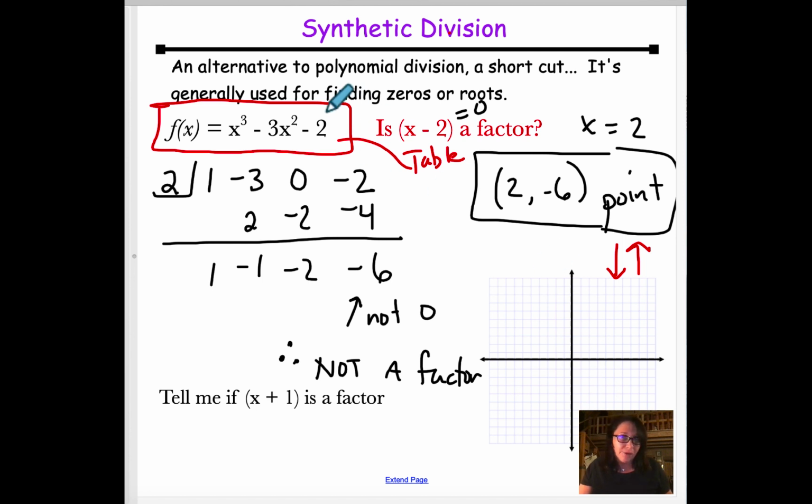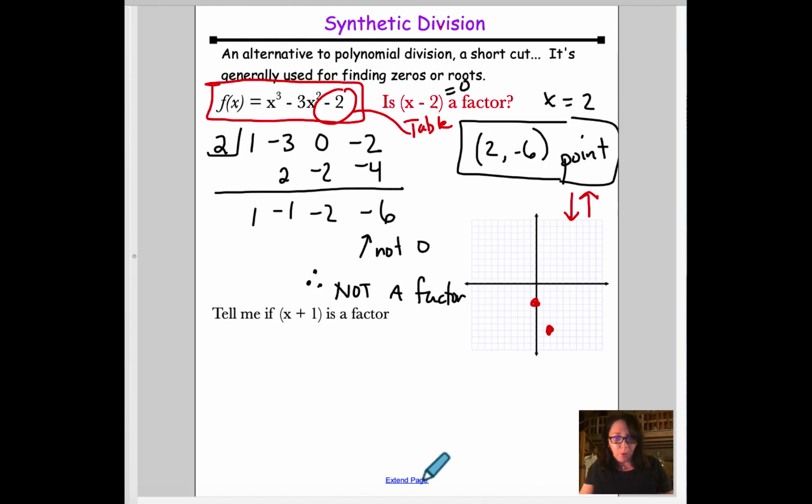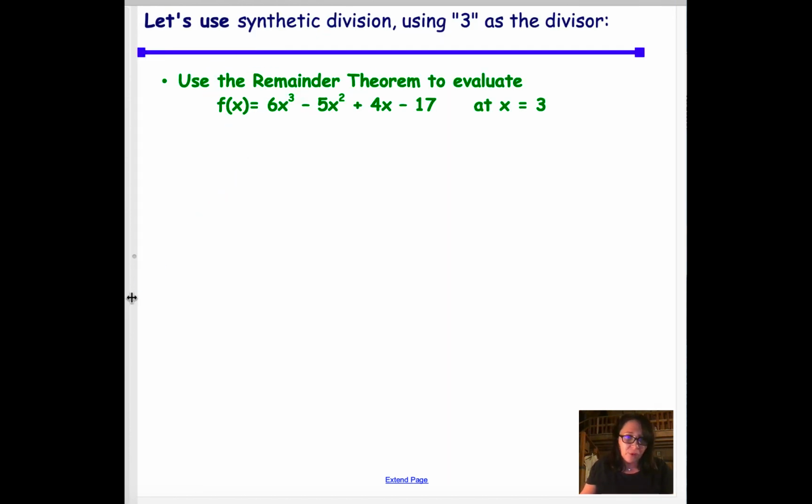So that means that f of 3 is equal to 112, which therefore means that x minus 3 as a quantity is not a factor, but is a point at 3, 112. That's what that means. Okay, so let's divide this and see where we're at with this.